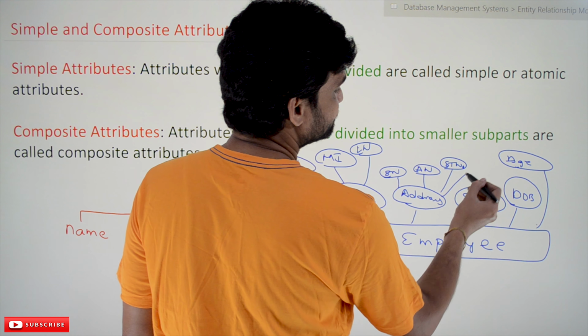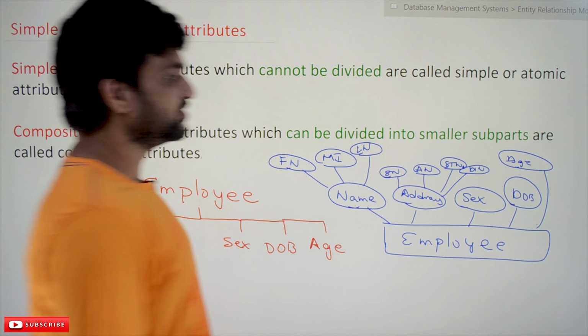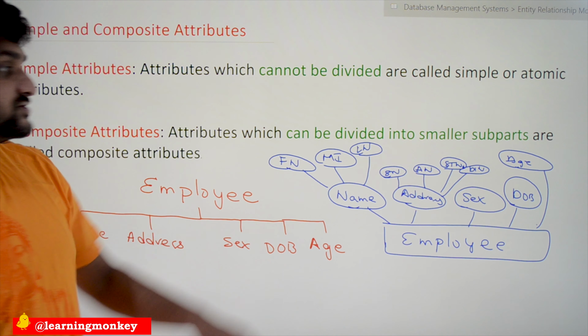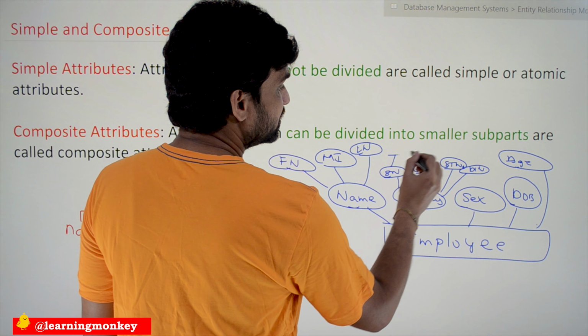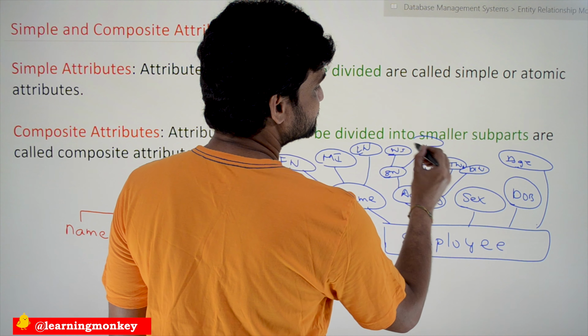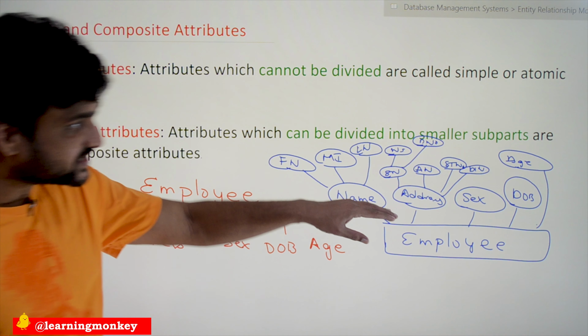District name can also be another attribute. Street name can also be further divided. Within the street address we can give the name of the street and door number. All these parts come under the street name part. So this hierarchy can be maintained.